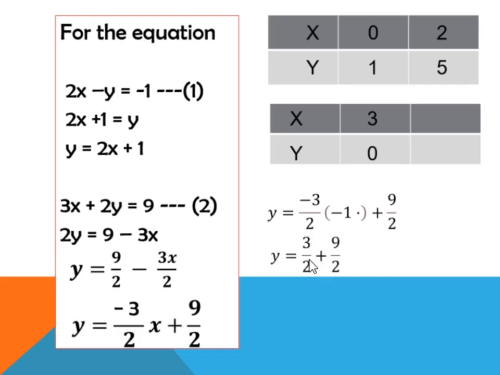And then, 3 plus 9, since pareho naman denominator, we can add the numerator 3 plus 9, and that will be equal to 12 divided by the denominator 2. And 12 divided by 2 is equal to 6. Therefore, ang value ng y ay 6 kung ang value ng x natin ay -1. Okay? Ngayon na may table of values na tayo, pwede na tayong mag-graph.